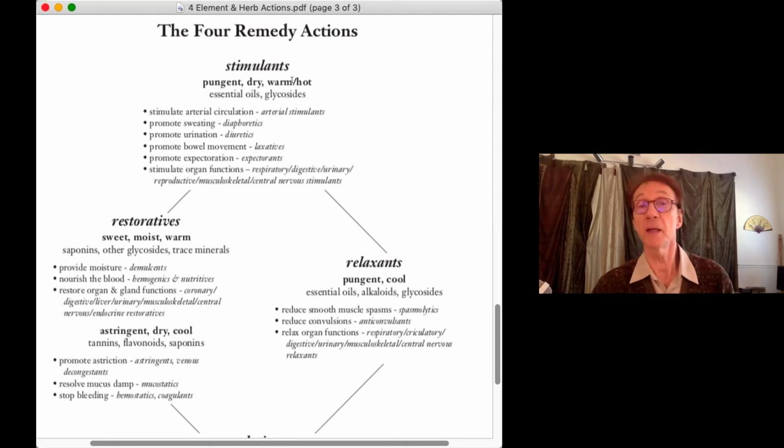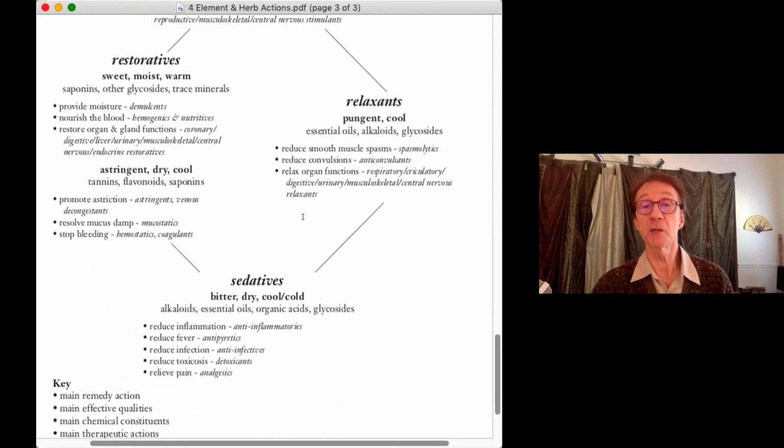Ginger, cayenne, chili pepper. Okay, they stimulate. These are the basic functions. The arterial stimulants, diaphoretics. We use them to cause sweating when they're drunk hot. They can promote urination, bowel movement, expectoration, and they stimulate particular organ functions as well. These are the stimulants. Sedatives tend to be bitter, dry.